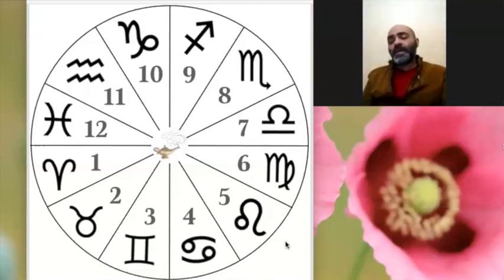For example, Venus on the ascendant can make the individual quite attractive. If she's a female, more often she will have curly hair and big eyes.